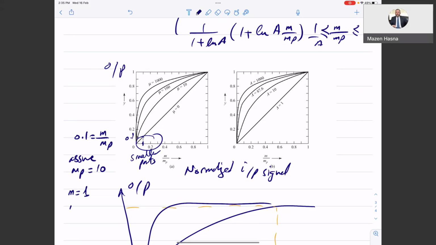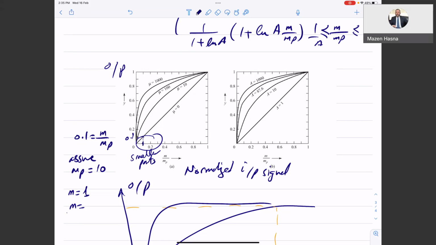So m over mp equals 0.1, which means m equals 1.